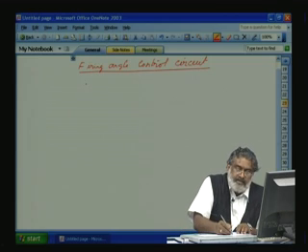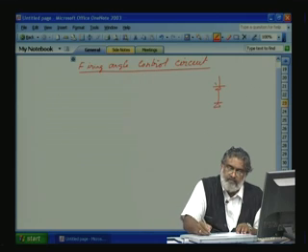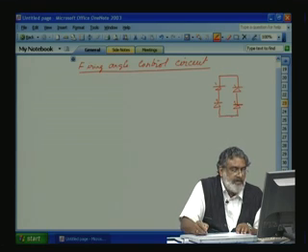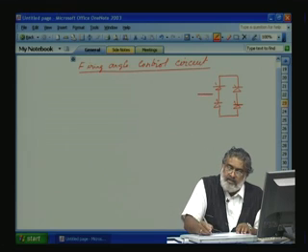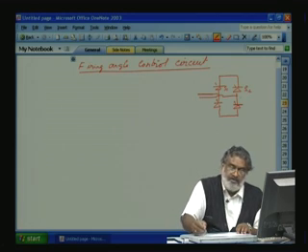Let us draw our converter here. This is our single phase mains. This is S1, S2, S3, S4.